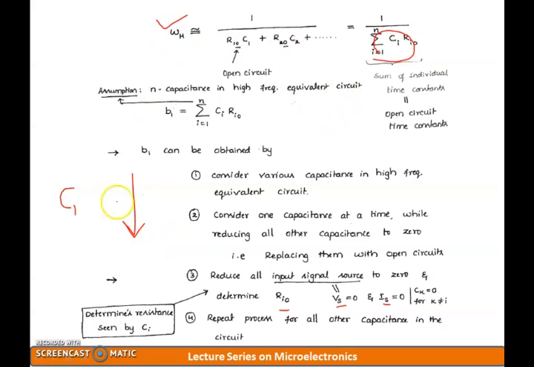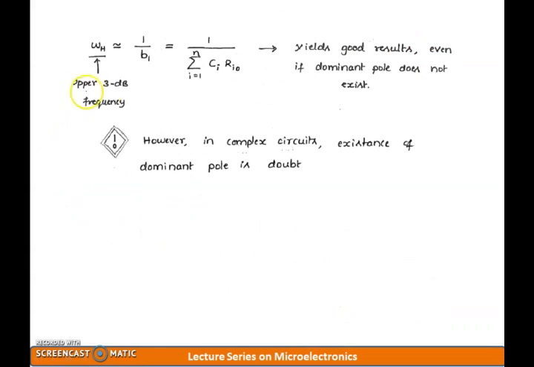Like I said, this brief concept will be clearer in the next lecture, where I am going to take up the common source amplifier circuit itself in determining the upper cutoff frequency using this particular method. So finally, this is my upper 3 dB frequency omega h, which is nothing but 1 upon the summation of RC time constants, or 1 by B1.